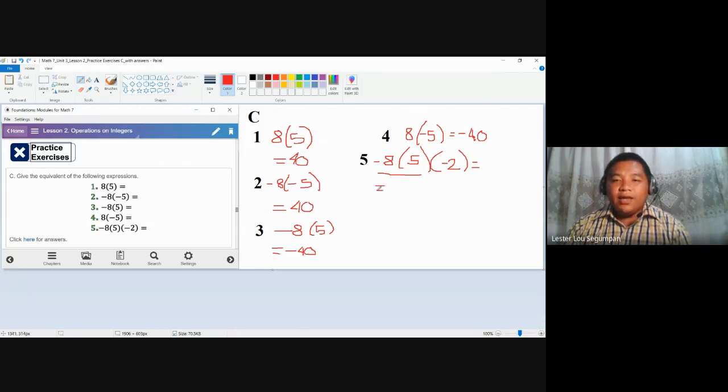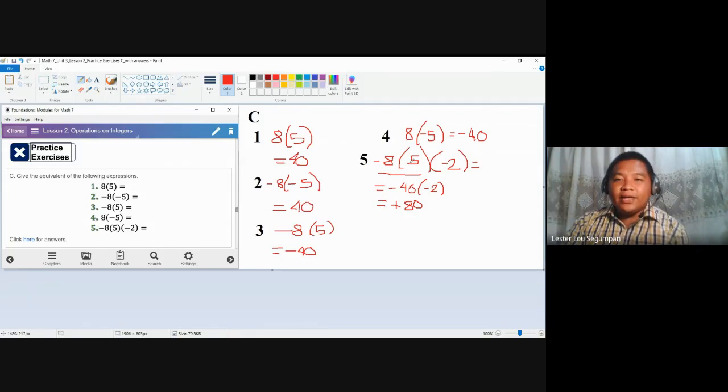So negative a times 5, that's similar to number 3. Negative times positive, the answer is negative 40. We replace it here, times negative 2. Okay, so we are now multiplying two numbers with negative signs. So the answer becomes positive, and 40 times 2 is 80.